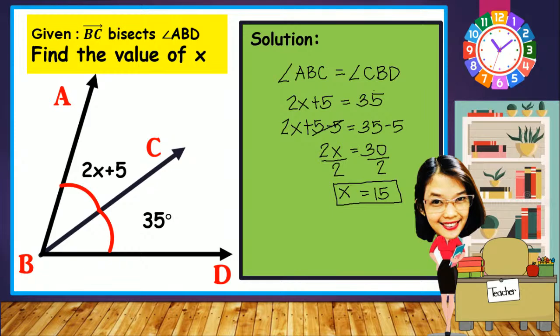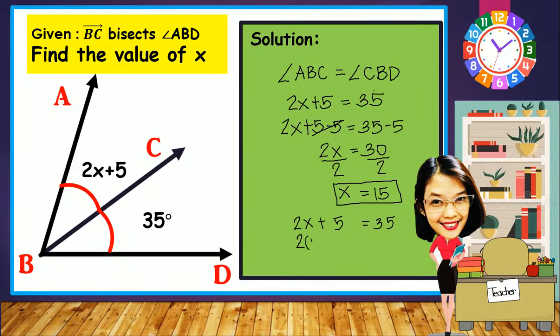So, how will you know if your answer is correct? You will know that your answer is correct if you substitute it to the given equation. From our equation, 2x plus 5 is equal to 35. The value of x that we got is 15, so we'll substitute 15 for x.